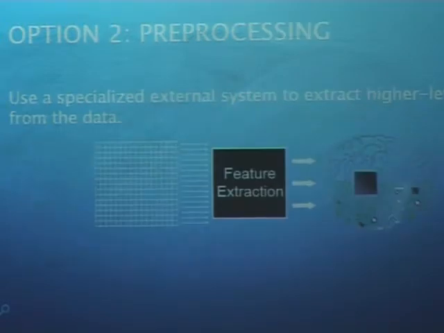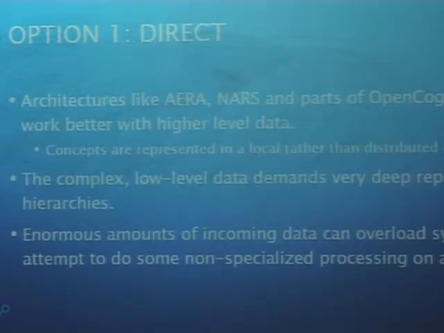On the other hand, the systems that we have been considering in our summer school mostly deal better with higher level data. We have seen this in the examples, of course. Usually the data that comes into AERA and NARS and even OpenCog is fairly high level. Of course, OpenCog is now integrating Destin, but before it did that, it really couldn't deal well with this type of data.